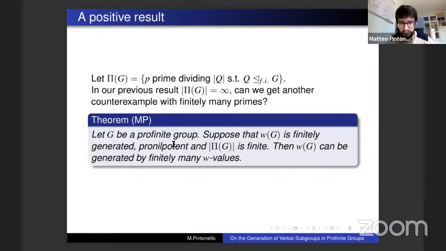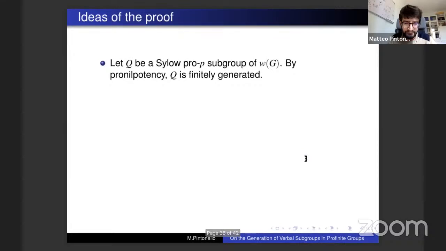We also need nilpotency, where on the final group we only need it on the verbal subgroup. Anyway, in this case, WG can be generated by finitely many word values. And the idea of this is that we take simply a Sylow pro-p subgroup of a verbal subgroup. We know that it is finitely generated by pro-nilpotency.